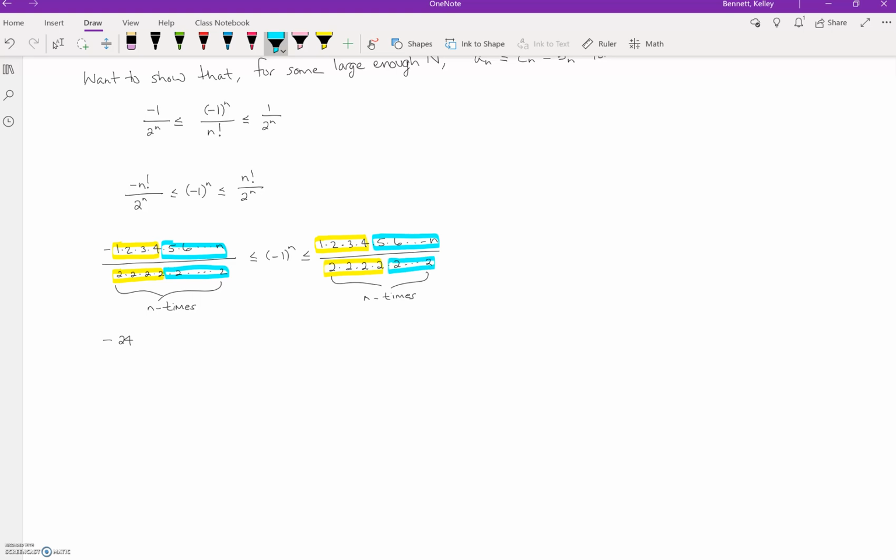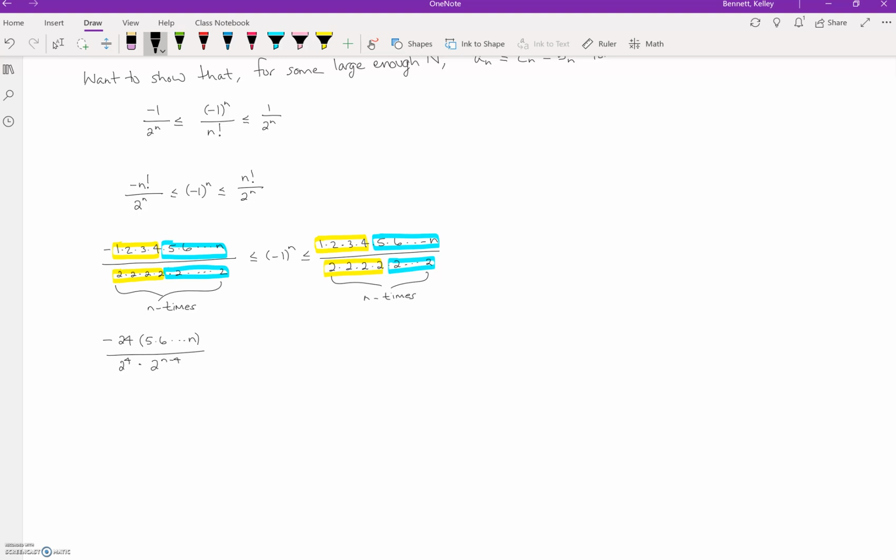And I'm going to make a comparison here that will be helpful. So this is negative 24 times, instead of writing 1, 2, 3, 4 multiplied together, I write 24. Then I write 5 times 6 times all the way up to n. And on the bottom, I'm going to have 2 to the 4th times 2 to the n minus 4.